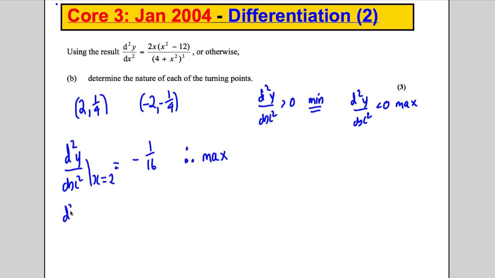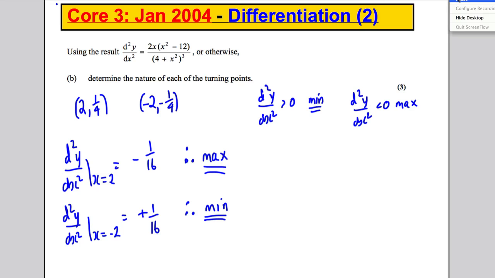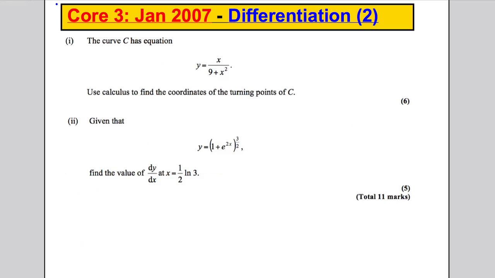And the other one, d2y by dx squared, when x is negative 2, on the other hand, you would get yourself positive a 16th, and therefore you would have a minimum. And we have determined the nature of the stationary points. Okay, next question.